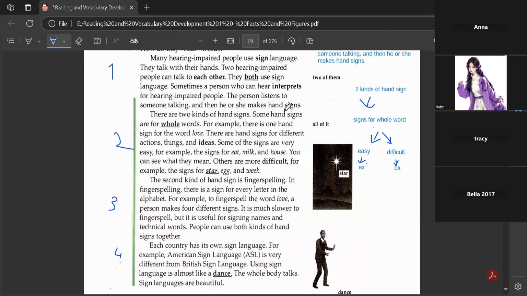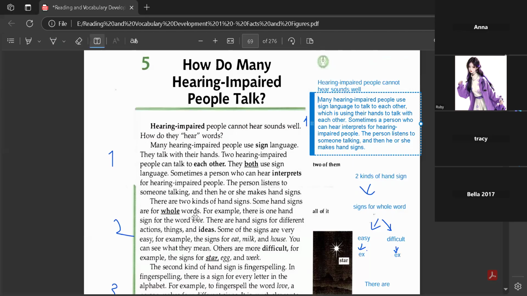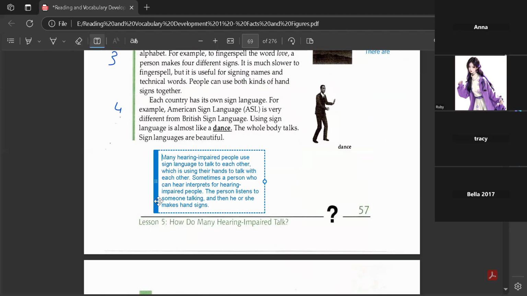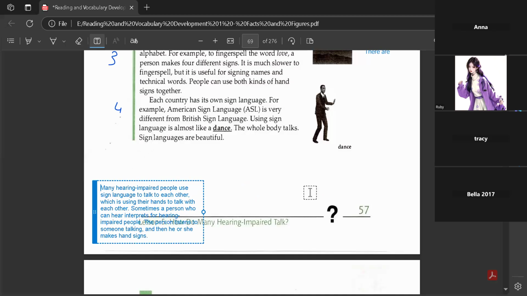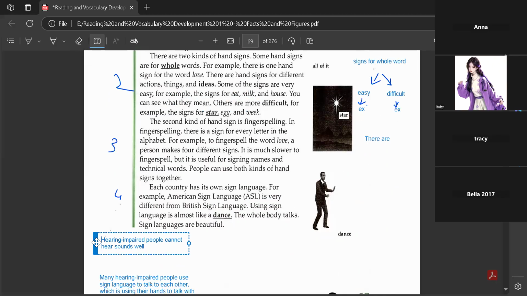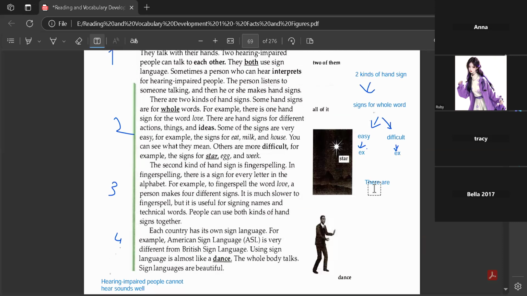So how are we going to write it? Okay, just put it down here. We're going to write there are two kinds of hand signs.